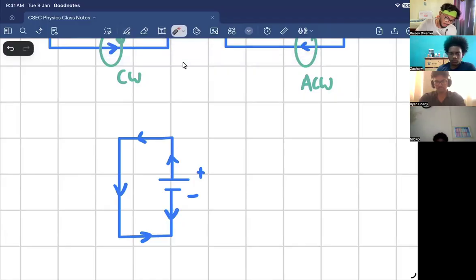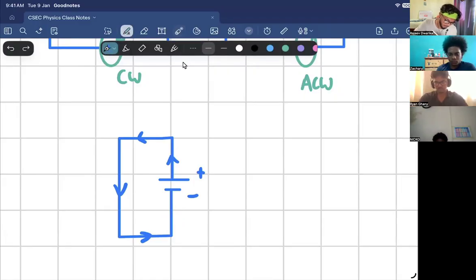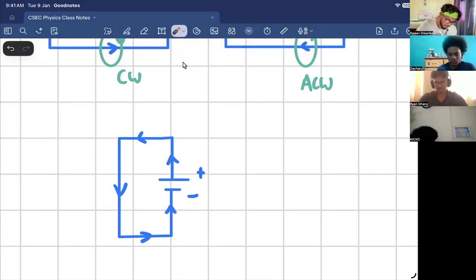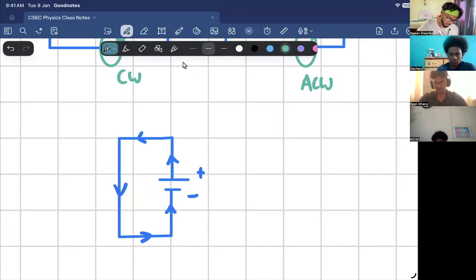I want you to find the direction of the current over here. Would you say that is clockwise or anti-clockwise? Nikolai and Ryan, I'm not seeing you all doing the clockwise.